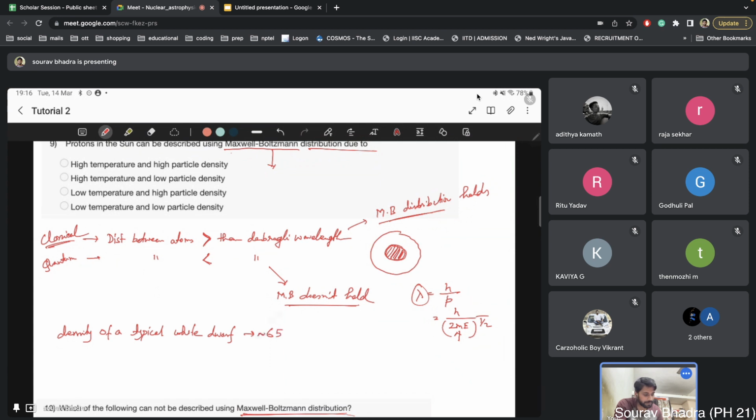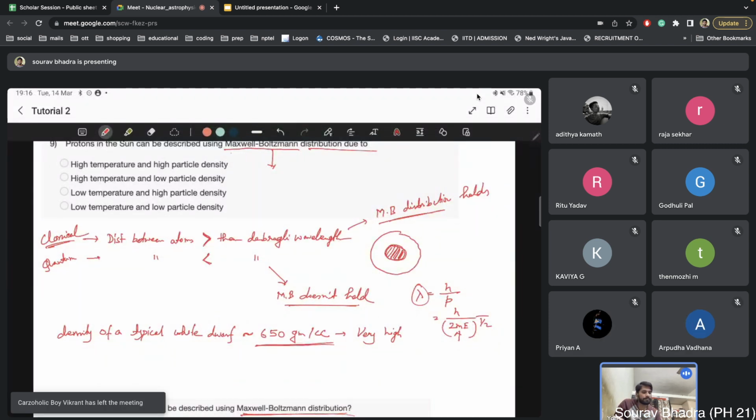I am using this approximate sign because it is not exact: 650 gram per cc. So this is very high. So the density of a white dwarf, although the radius is very small, is very high.